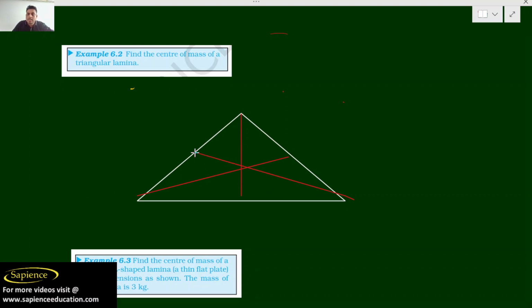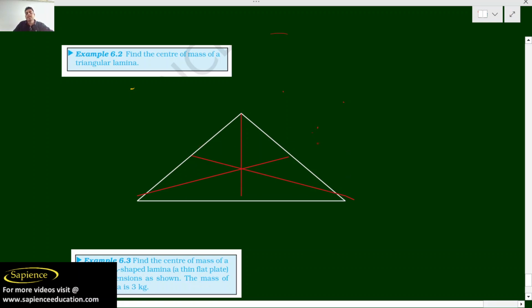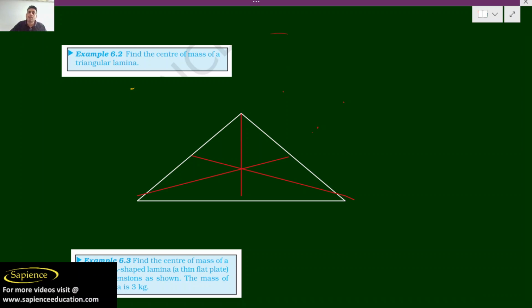If you do this, you will see that at one point all the medians intersect, and this point is called the center of mass. So in a triangle, if you want to find the center of mass, you just draw three medians from the three vertices, and where they meet you will get the center of mass. Okay, I hope you have all understood now.